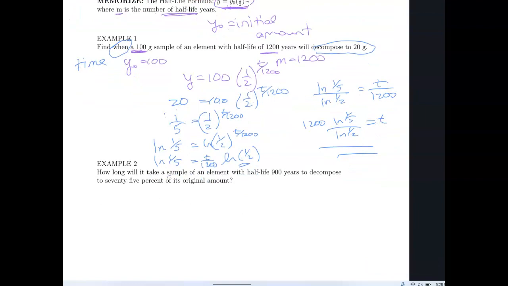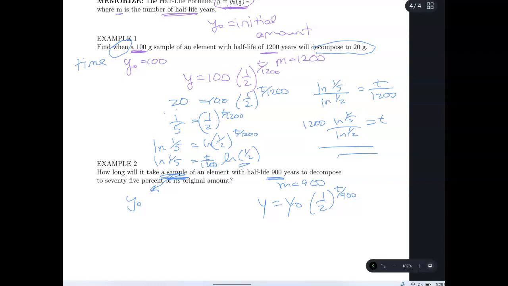All right, last one. So this one, they're not telling me how much the sample is. So we're just going to keep it as y naught. And then this thing here is the half-life years, so that's the m. So we can put it together, y equals y naught times 1/2 to the t over 900. All right, so it's saying I want to find the time, right?